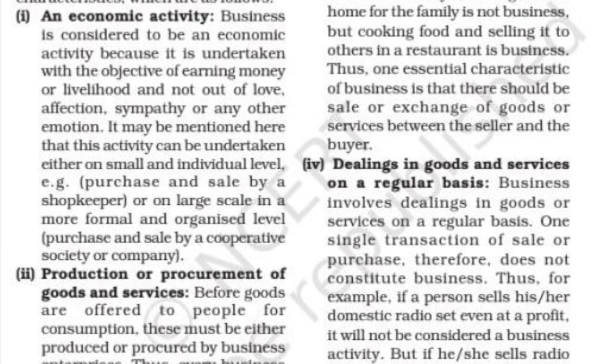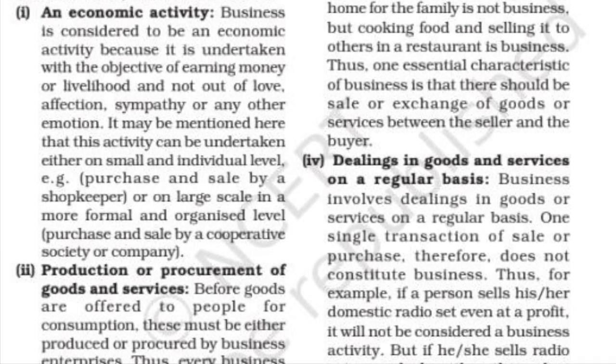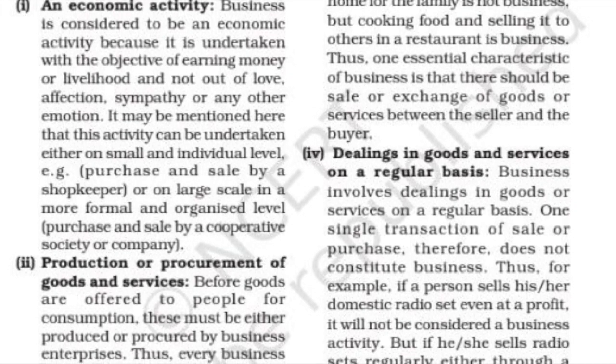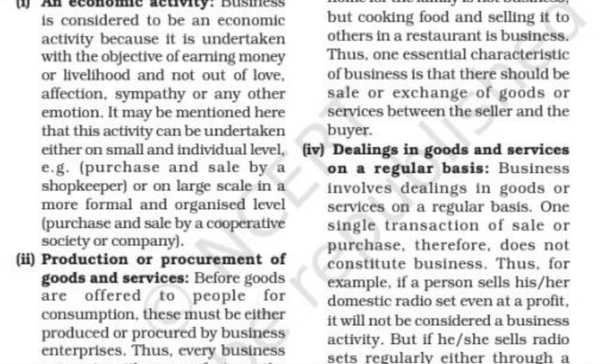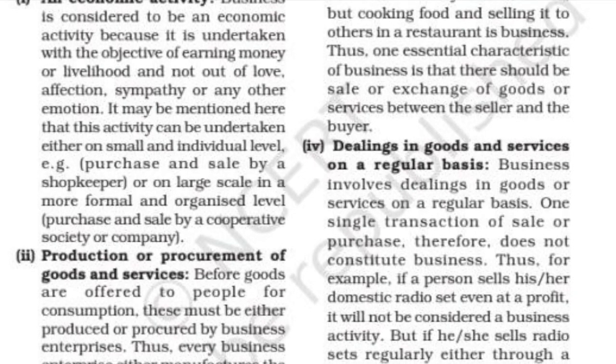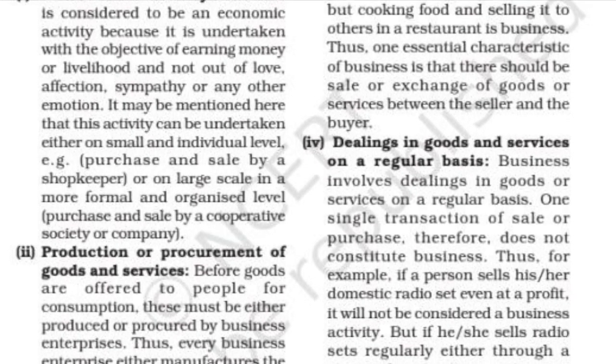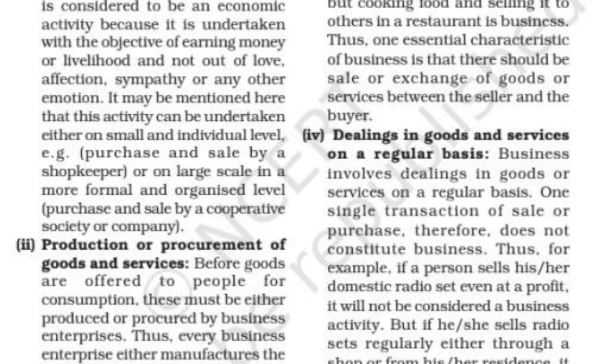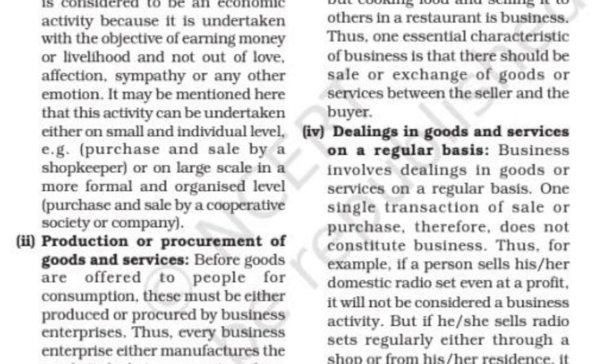So if one person is a businessman, he can do these 2 things: either he can produce himself, or he can buy from the producer and then finally sell to the consumer, right? These are business activities.